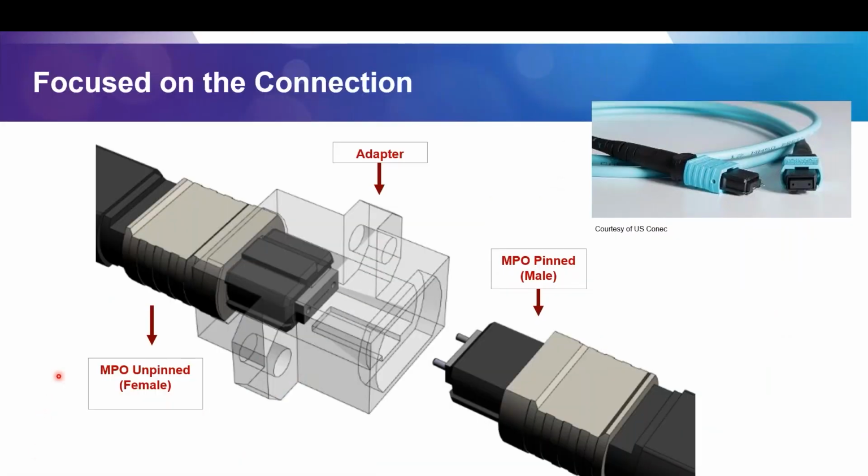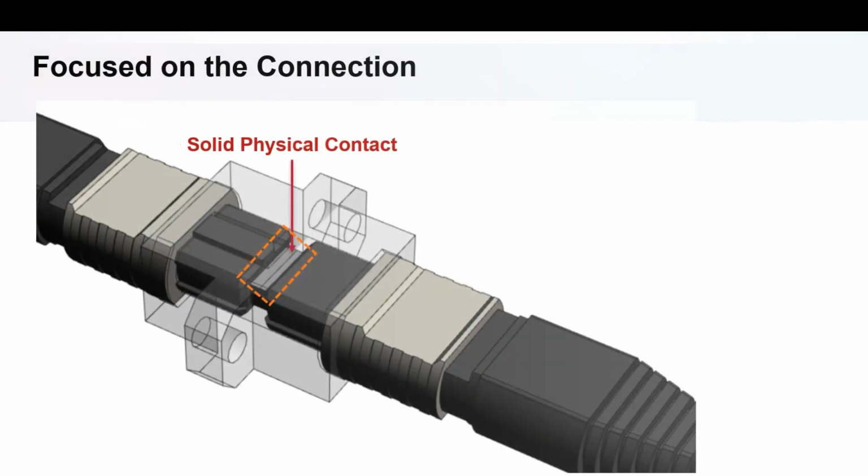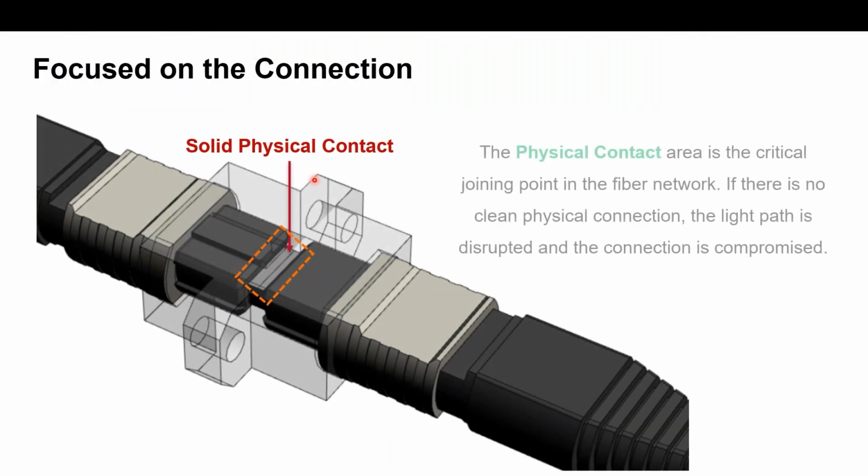So this is just showing those pins. We've got the guide pins on here, and it's going to click in. This is just an adapter that's shown here. We've got the male cable, the female on this side, and it's going to make a good solid physical contact.